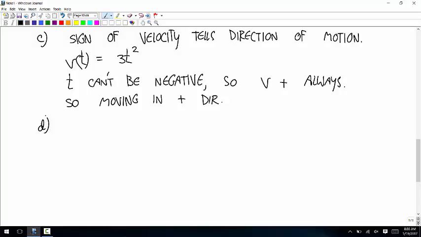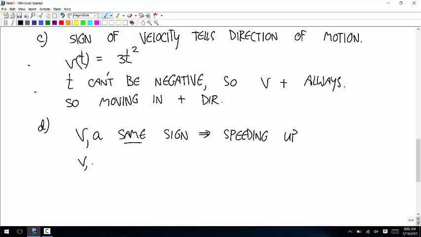If they have opposite signs, it's slowing down. We already know from part A that the velocity is positive everywhere at every instant.